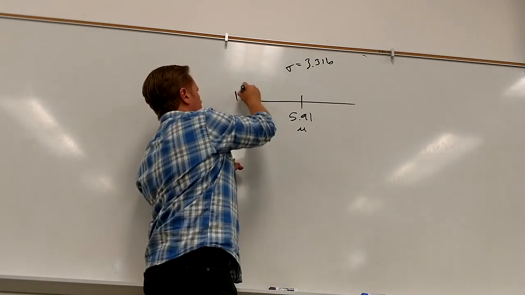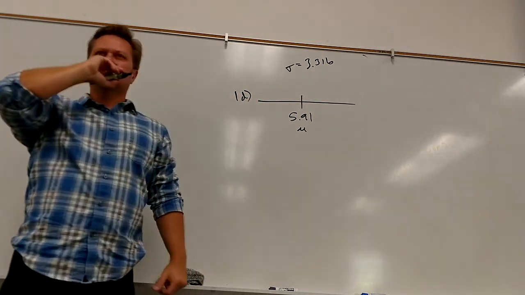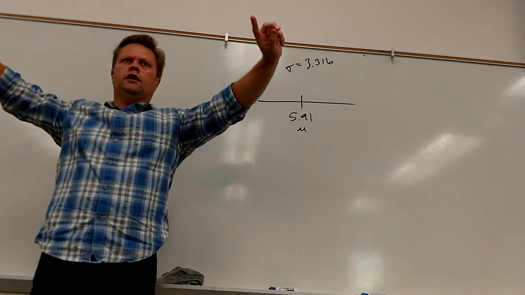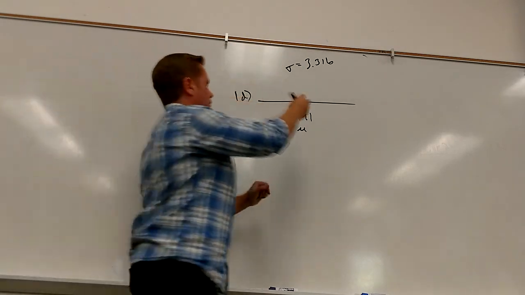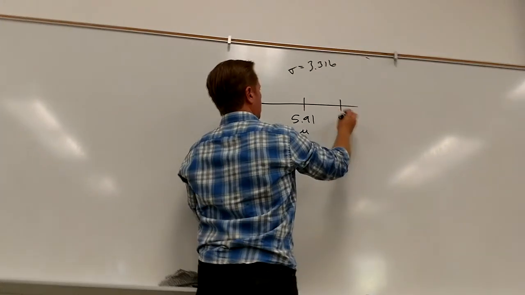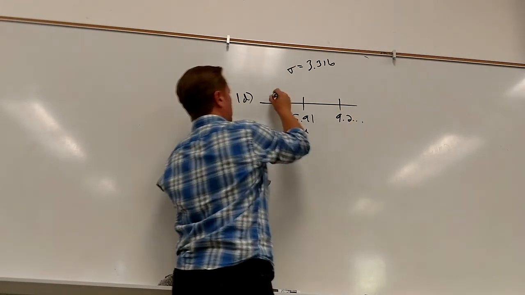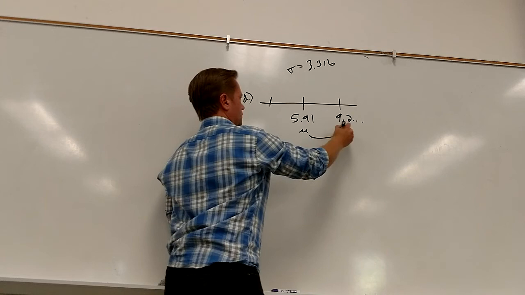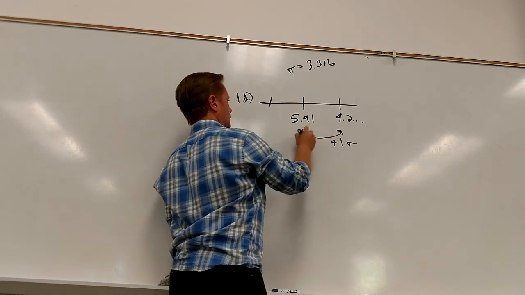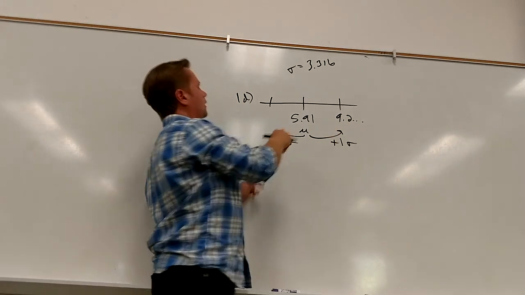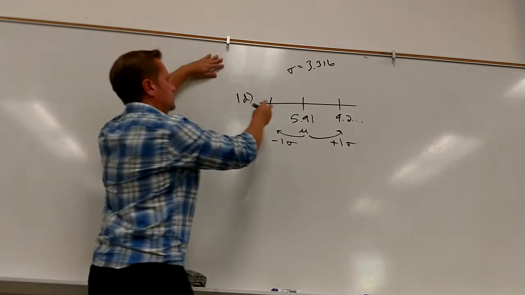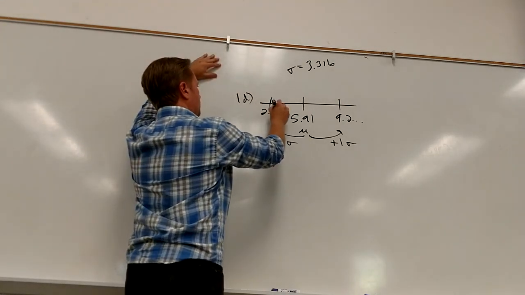If they go up and down one standard deviation from the mean, I add 3.316 and end up at basically 9.2 something. I subtract 3.316 and end up at roughly 2.5, something below.